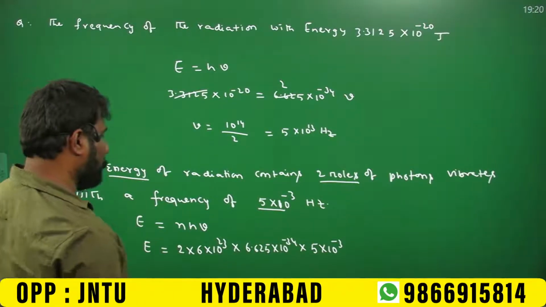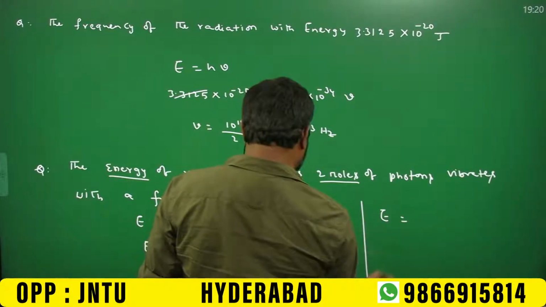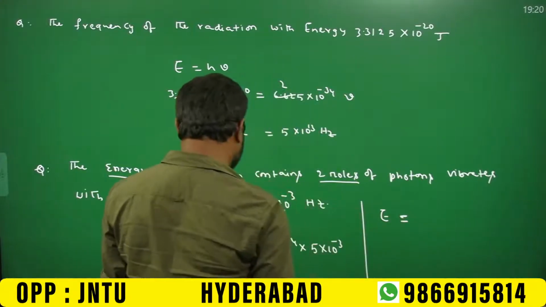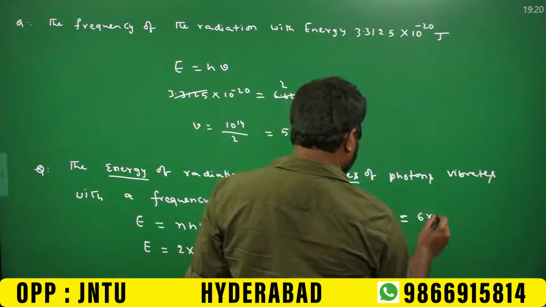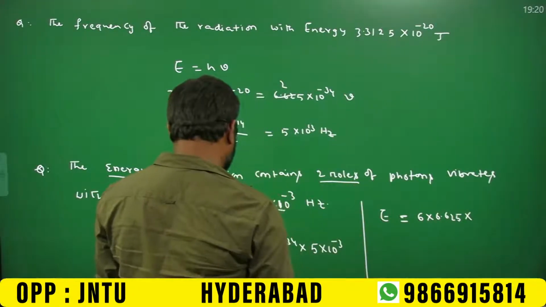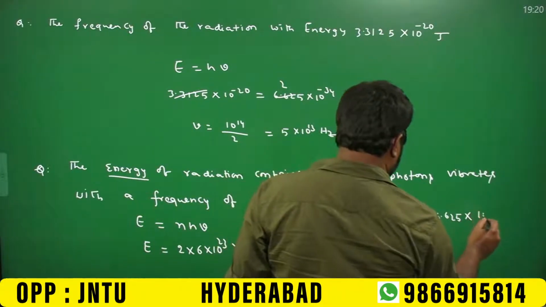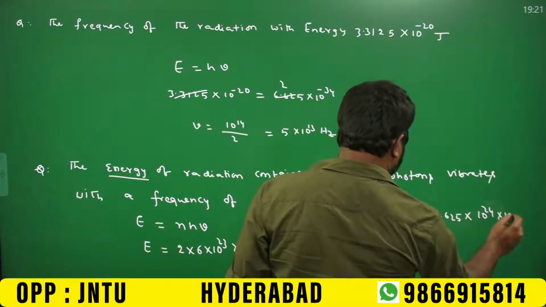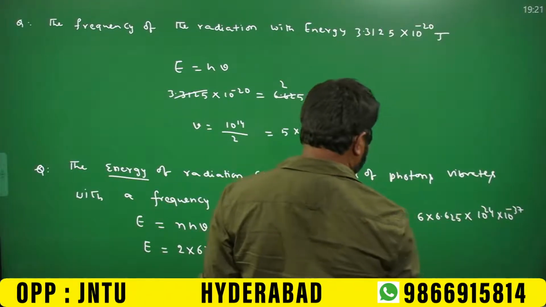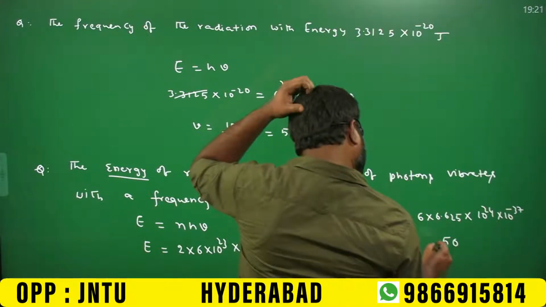Then now calculate this. This is E. 2 into 6 is 12, 12 into 5 is 60, into 6.625, into 10 power 24, into 10 power minus 37, which is 10 power minus 13. Simplify: 6 into 5 is 30, 6 into 2 is 12, 6 into 6 is 36.